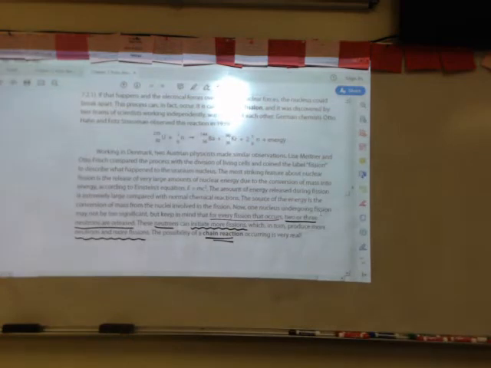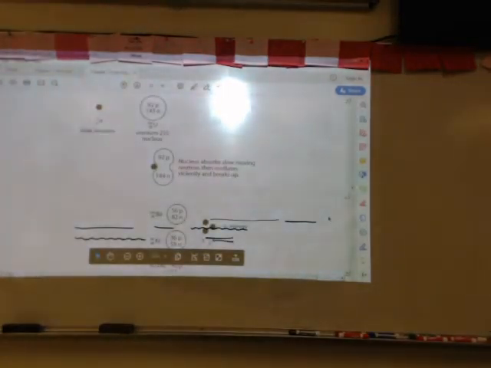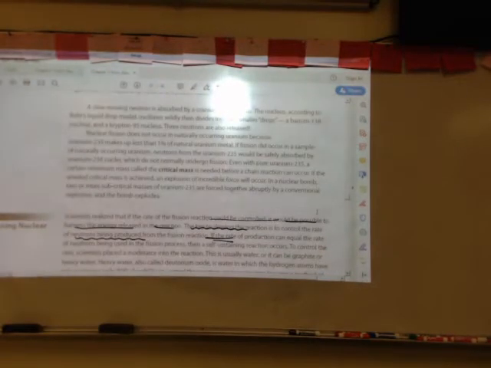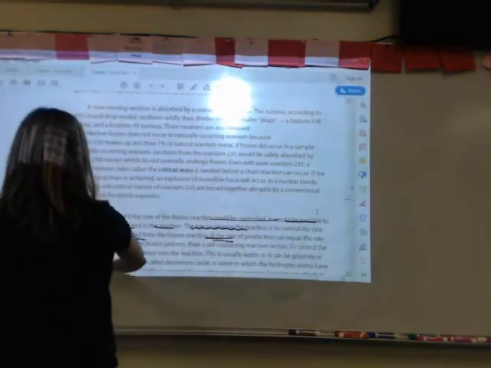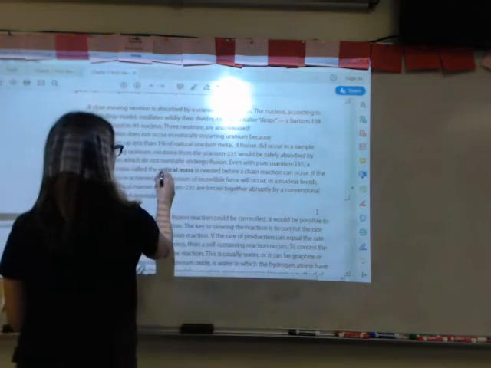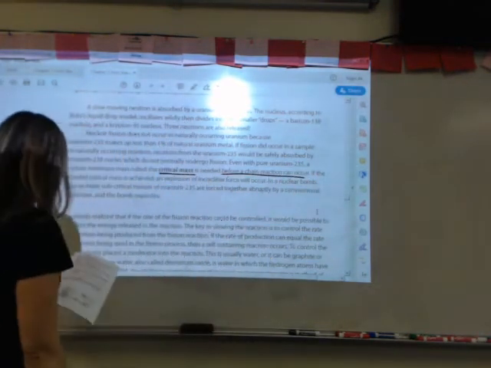So if we go to the next page, take a look here. There's a certain minimum mass that you need to have, known as the critical mass, before a chain reaction can occur.